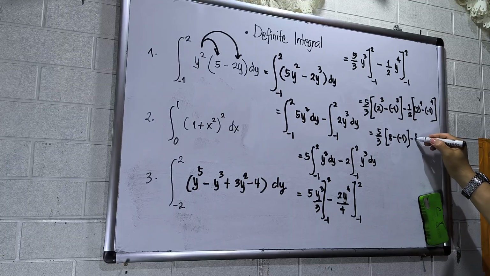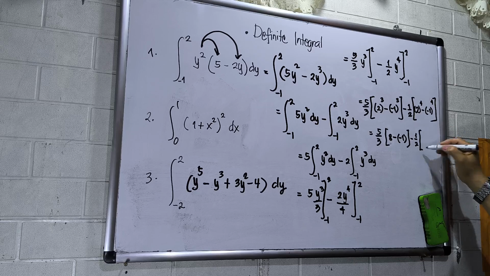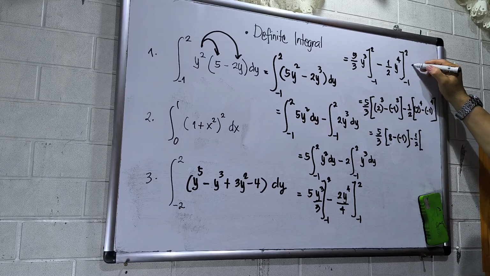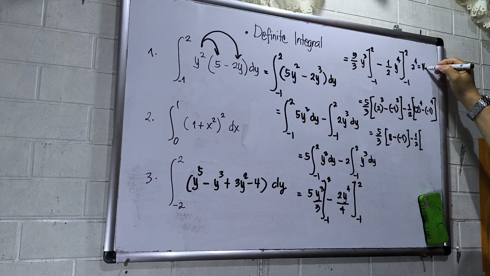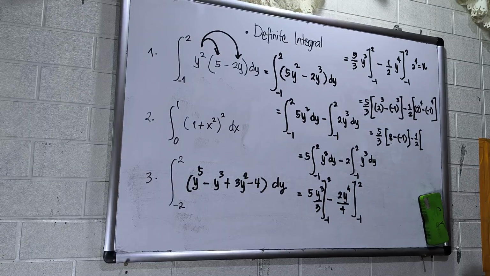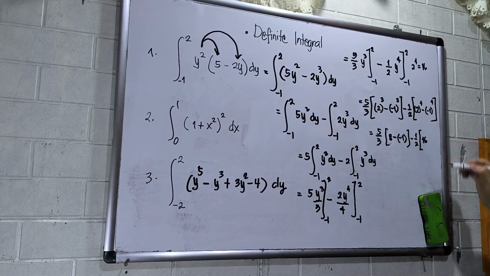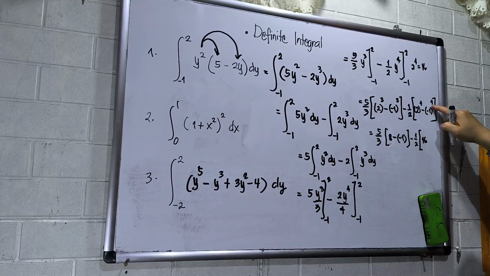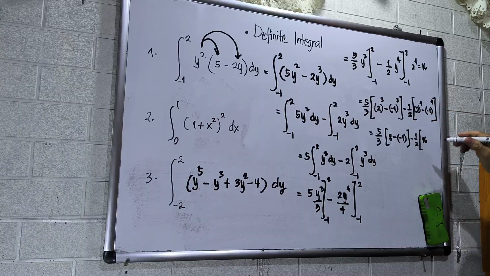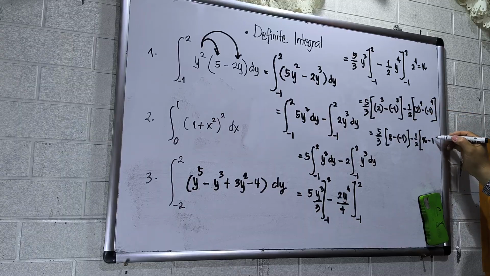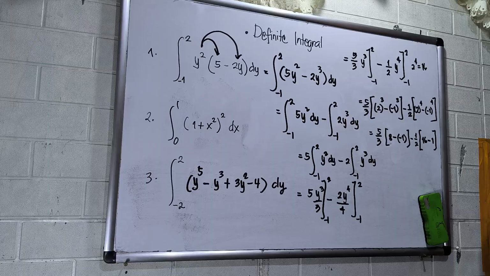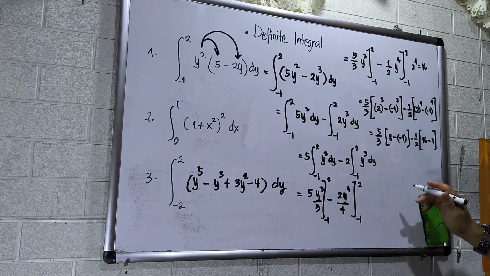Then minus 1 over 2 in square brackets. 2 to the 4 equals 16, because 2 times 2 times 2 times 2 is 16. Since the exponent is even, this will be positive. So minus negative 1 raised to 4 is positive 1. So I have 16 minus 1.